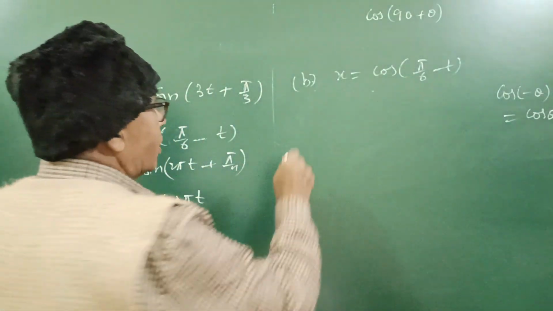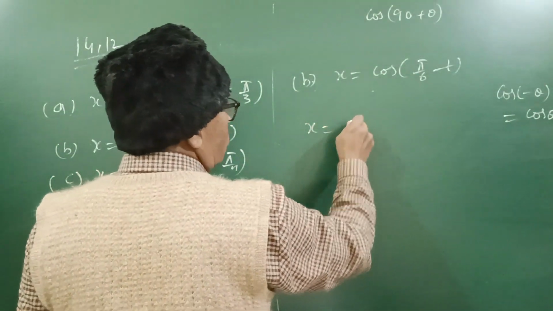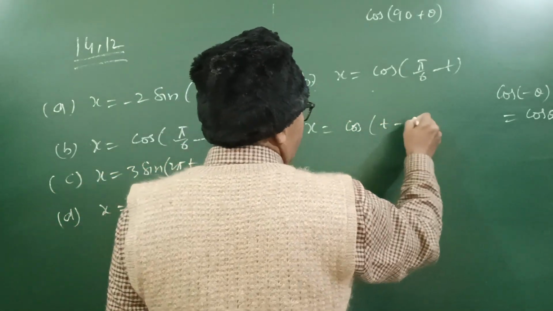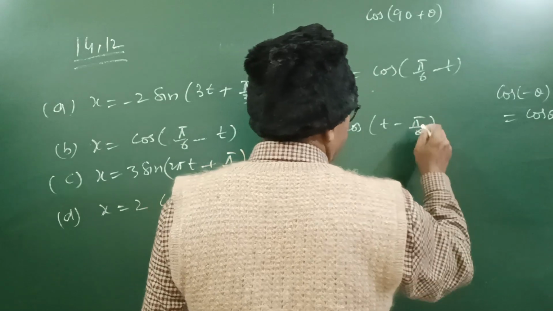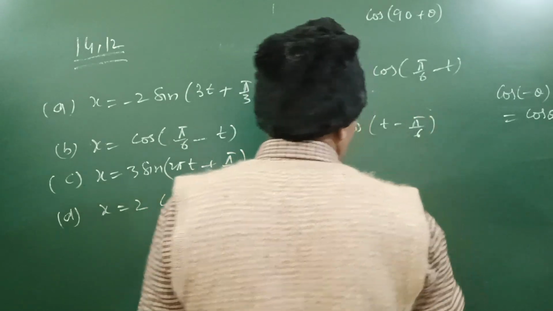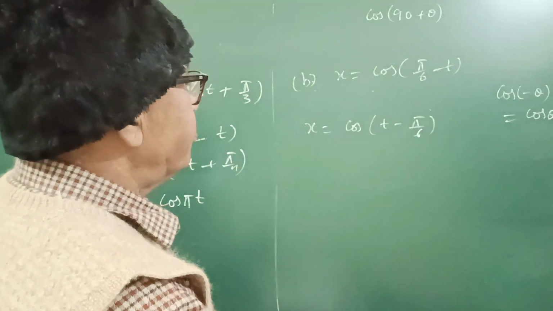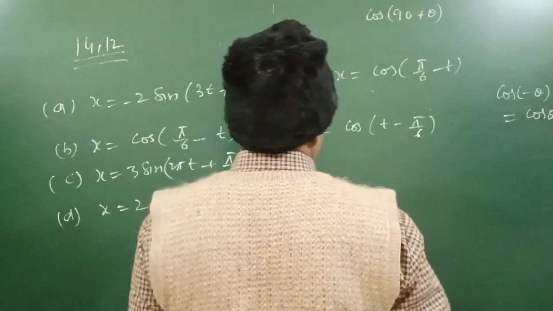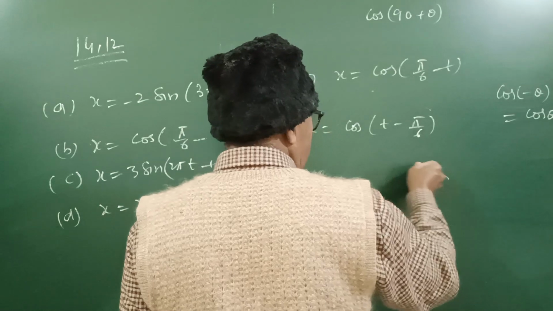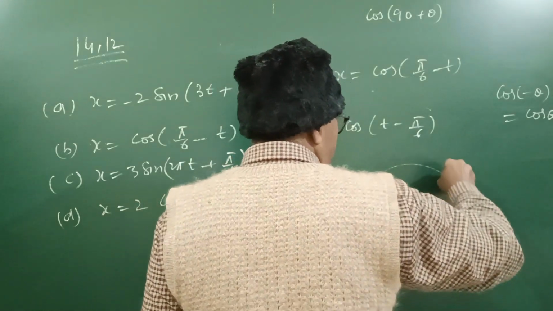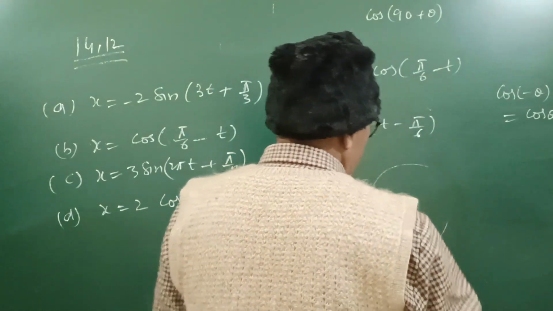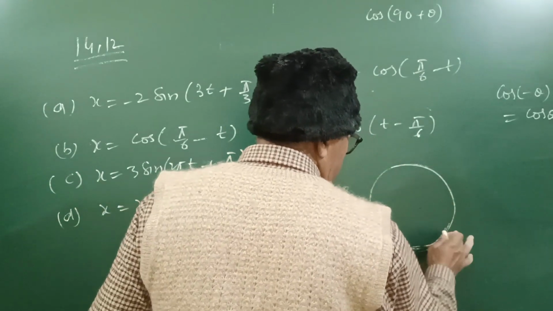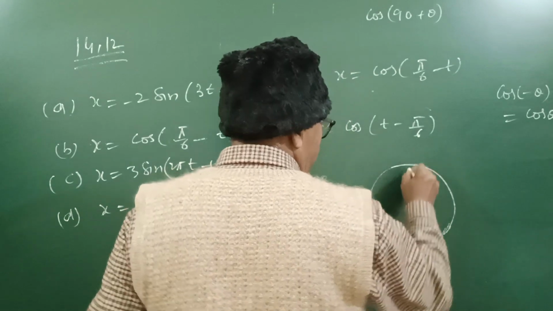So this equation can be written as x equal to cos t minus pi by 6. Initial phase 30 degree, A equal to 1 centimeter. So this is our reference circle here.